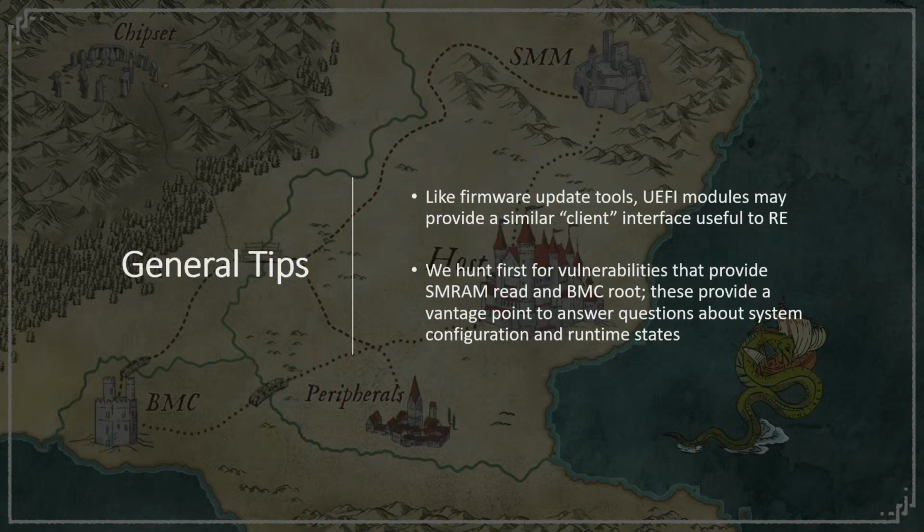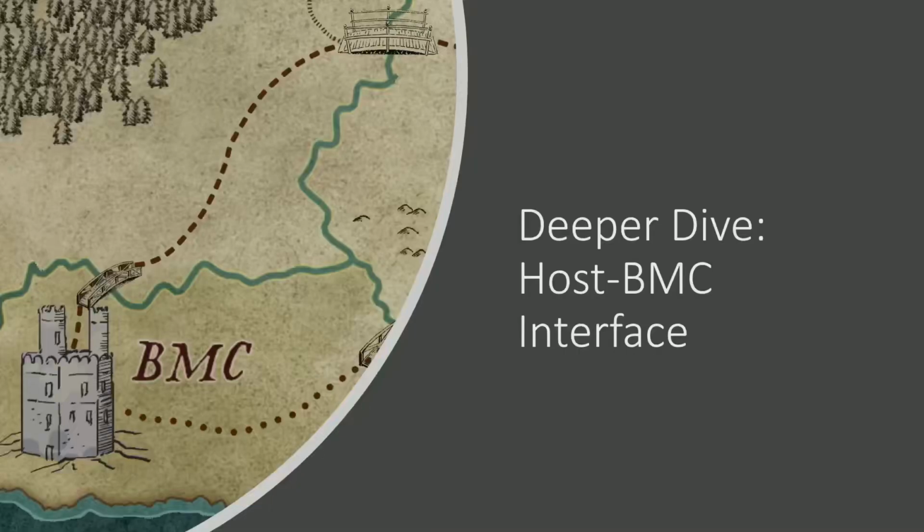The reasoning is that both will provide a lot of information to us about how the firmware in SMM is running, if we're curious about the configuration and we can't understand it from the existing image. BMC root will allow us to do things like kernel and logging, other very useful things.